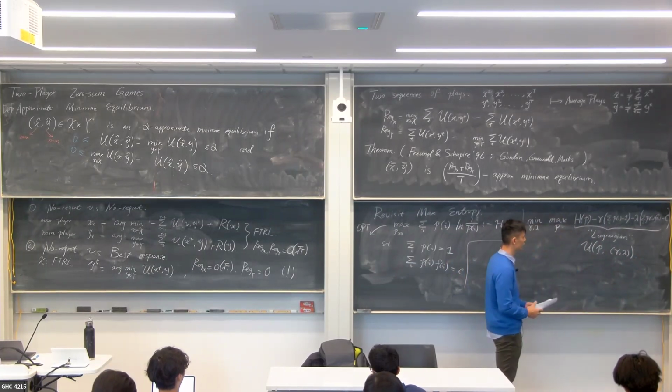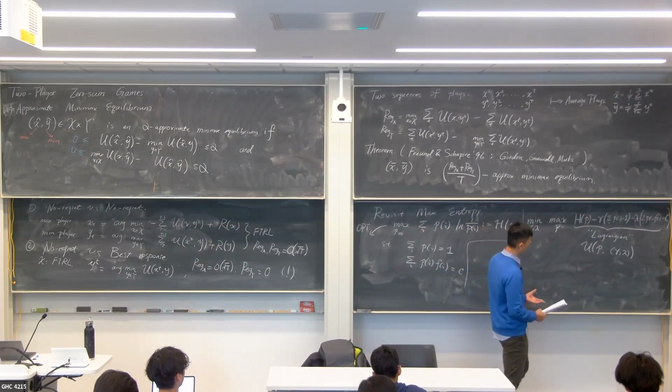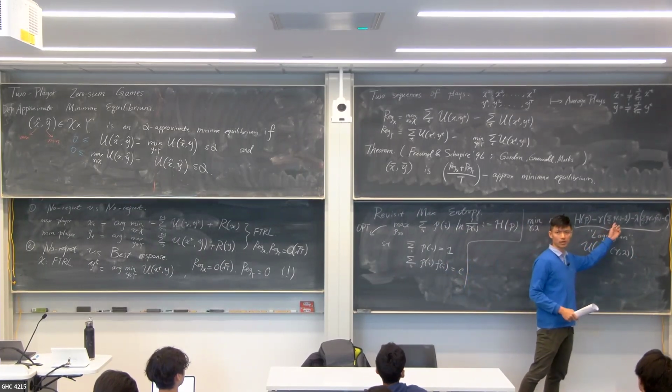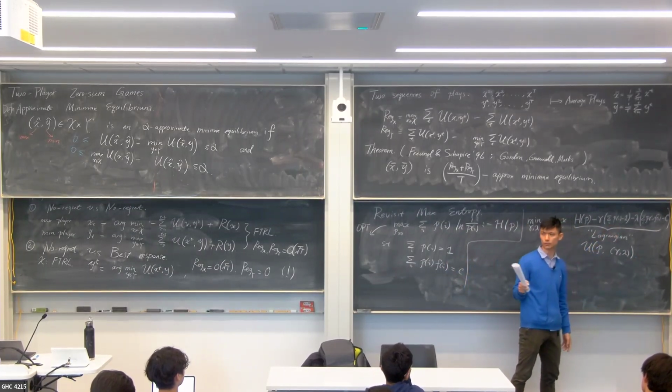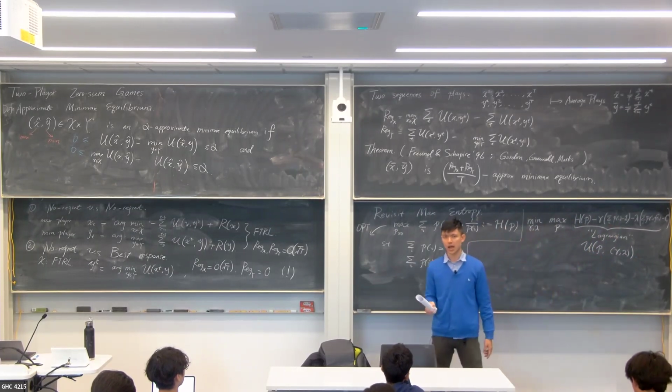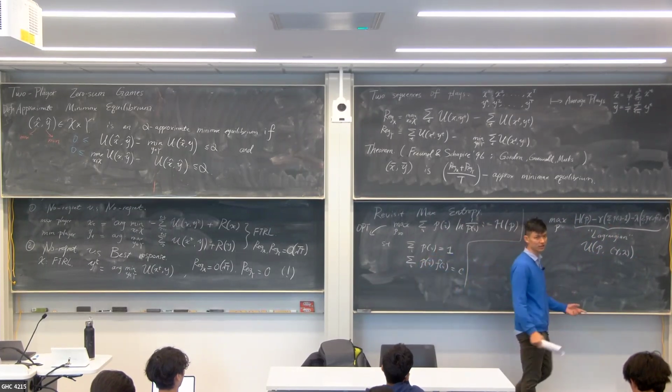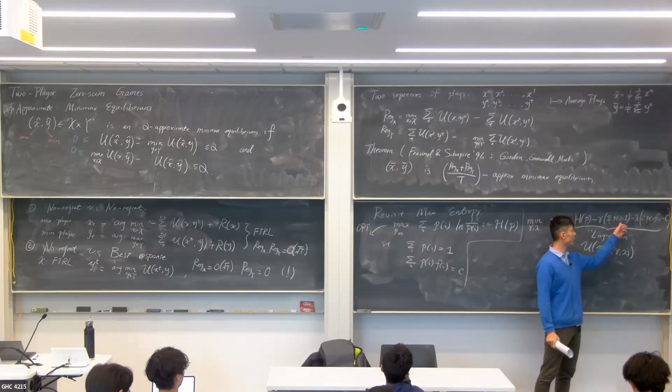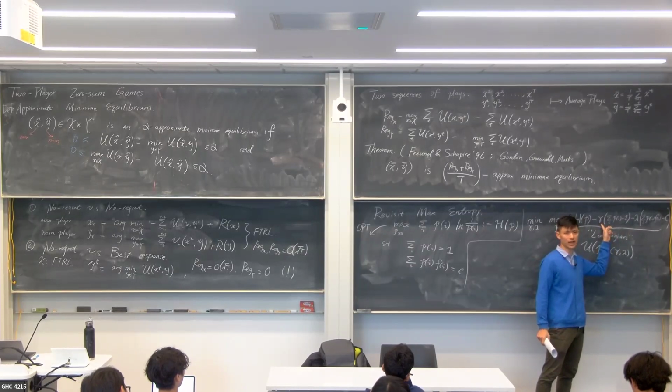But the intuition of the dual player is, well, I'm going to look at what strategy you play, like what distribution P you choose. I want to identify whether you actually satisfy the constraint. If not, I'm going to set these variables accordingly to penalize through this Lagrangian objective.